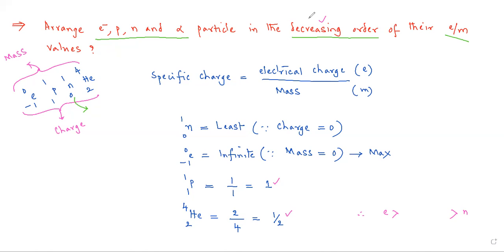Now let me write them in this format. Is that correct? Electron, then proton, then alpha, then finally neutron. If the same thing is asked in increasing order, it will be neutron, alpha, proton, and electron. But they have asked in decreasing order, so it is written in this way. Okay, it's simple, charge by mass. Next.